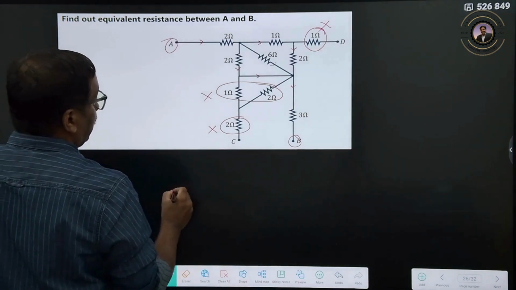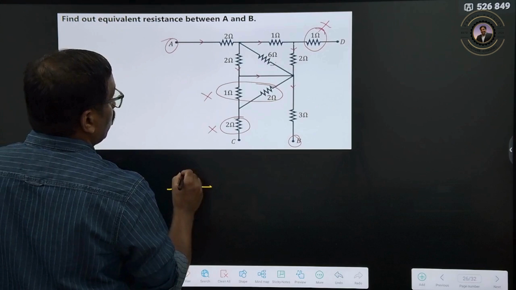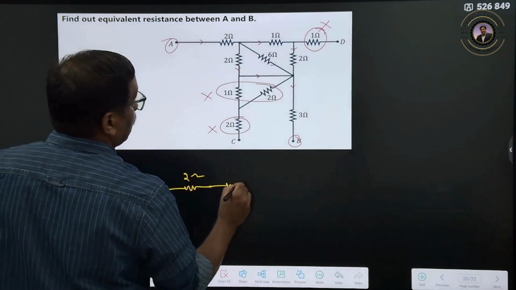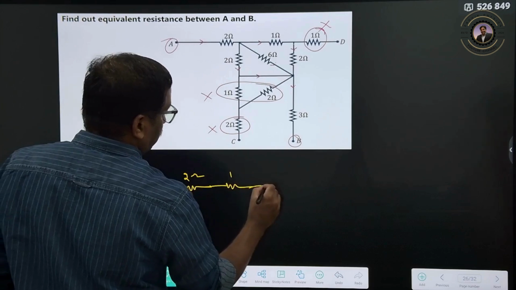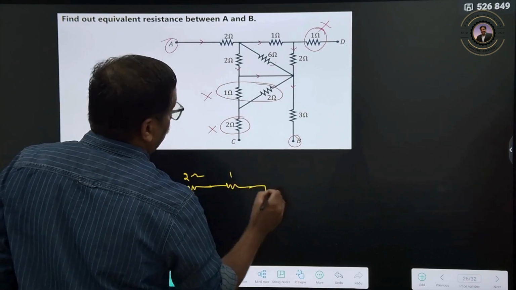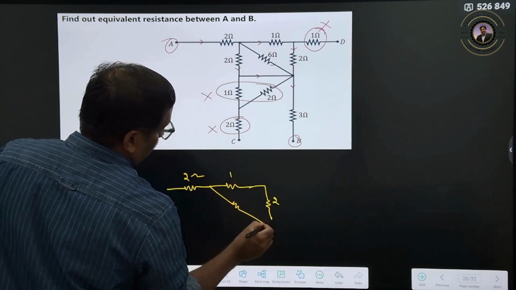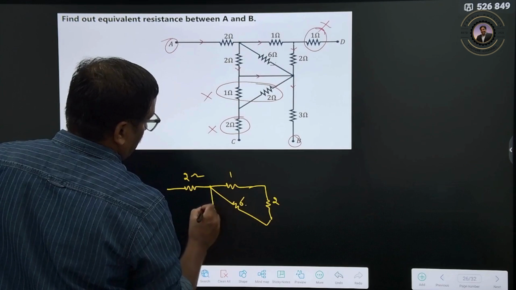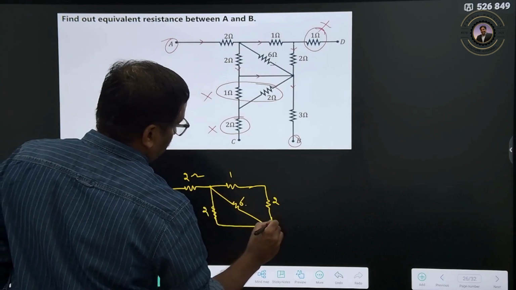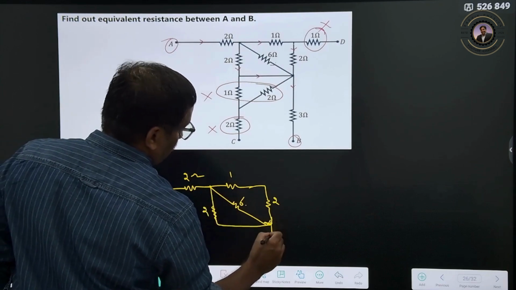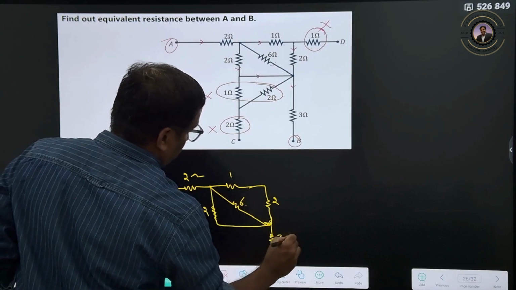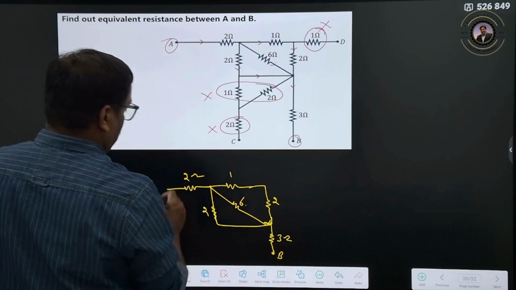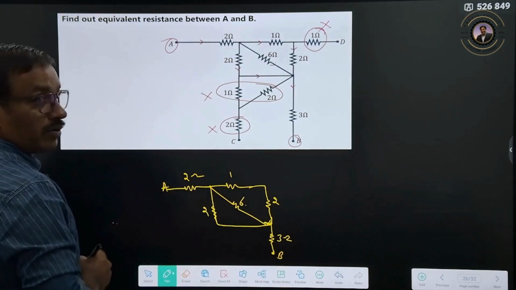Therefore this is your 2 ohms, 1 ohm, 2 ohms, 6 ohms, 2 ohms, 3 ohms. This is our circuit.